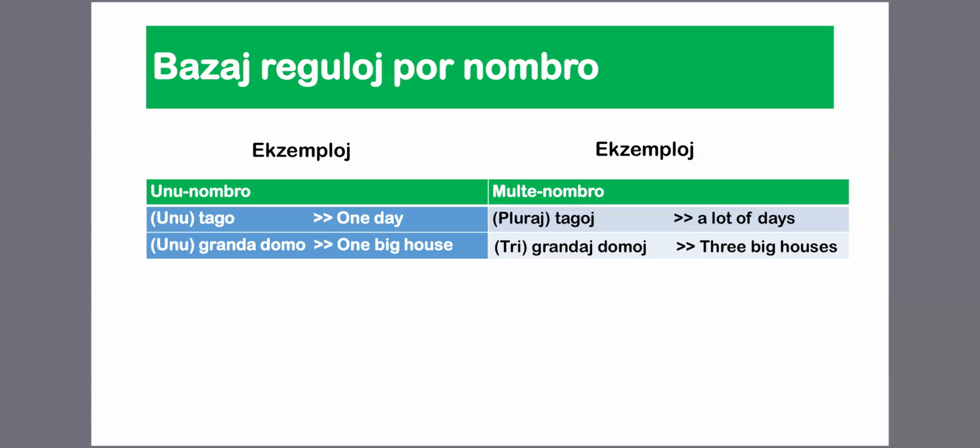So I also give you another example when I can say unu tago. Unu tago is 1 day. But if we say a lot of days, I can say the plural, tagoj. Unu granda domo, 1 big house, tri grandaj domoj. So you can see that there is a way of expressing numbers, but I want you to memorize how to read from 1 up to 100.